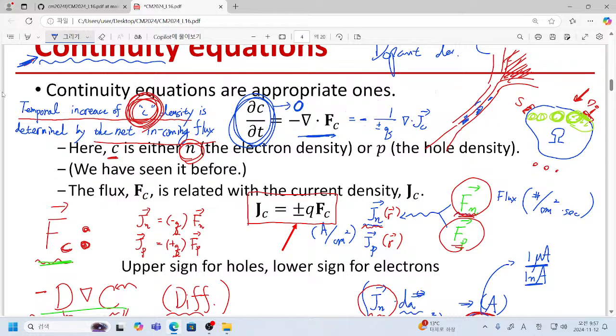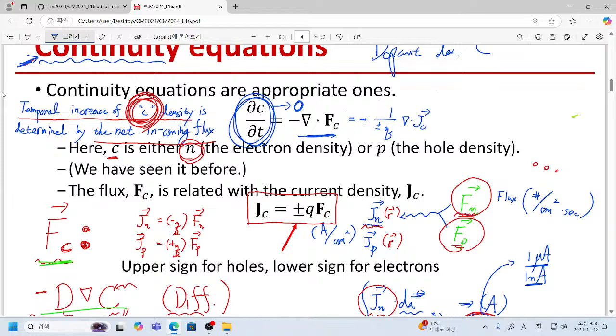I think that is the way you more often see in the literature instead of flux. In many references, the continuity equation is written with current density. So sometimes it has a negative sign and sometimes a positive sign. For example, let me explicitly write it down here.